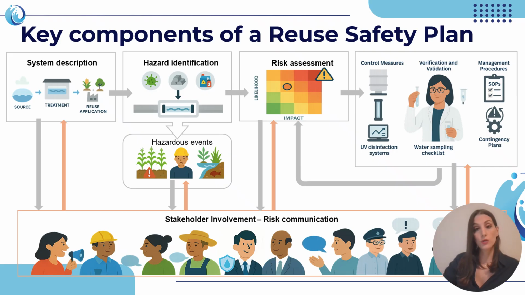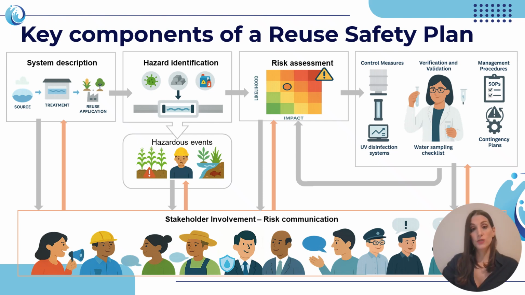If not controlled, these hazards can lead to events like contamination of crops, risks to workers or consumers, or harm to the environment. Once hazards are identified, we move to the risk assessment. This step evaluates how likely each hazard is to occur and how serious the consequences will be.